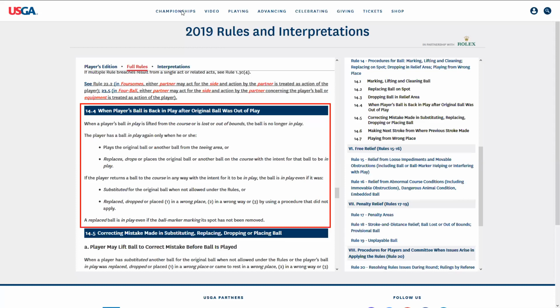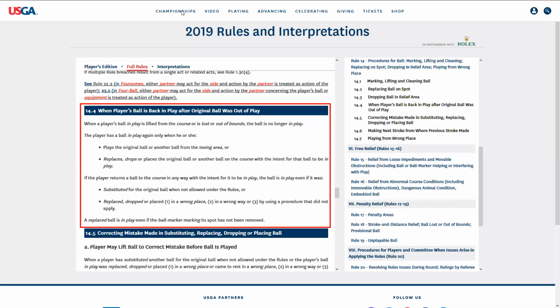This rule, I have to be a little delicate on this, in my opinion, is directly contrary to Rule 6.2b. 6.2b is the teeing area rule. So the way to read this rule is when it says replace, drop, or place the original ball on the course with the intent for the ball to be in play, you have to read into that except in the teeing area.